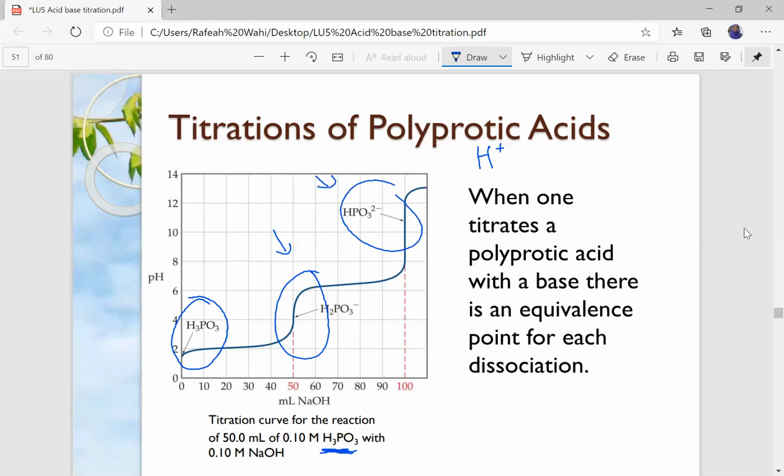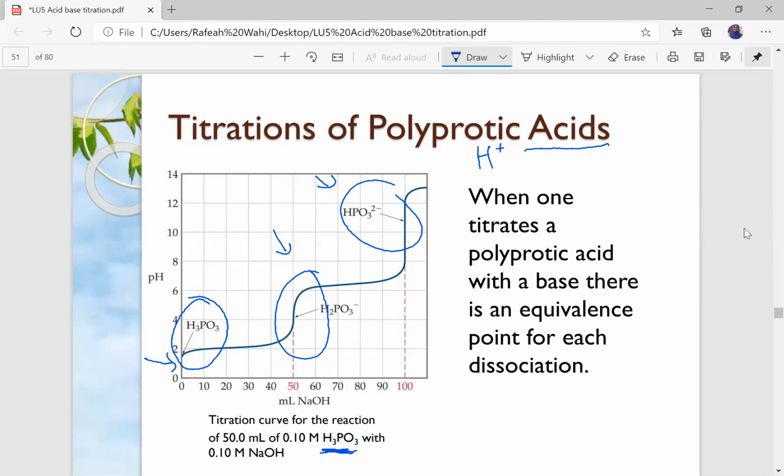This is what happens when we have a titration between a polyprotic acid and a base. Because we are dealing with an acid sample as our analyte, we start with an acidic pH.